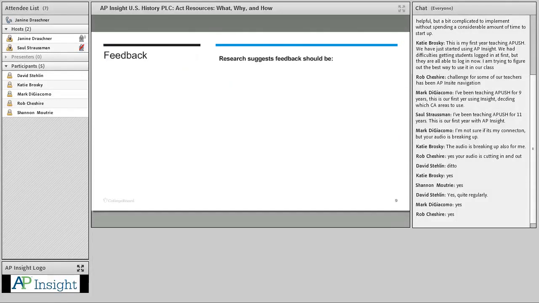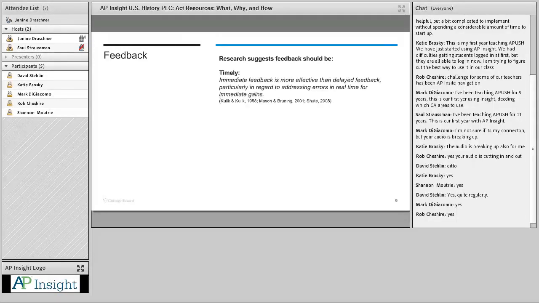Moving on, as far as the feedback, which is again the key to this, the first step in the ACT process is receiving feedback. And the feedback the students receive comes from the formative assessments that accompany the building blocks within the challenge areas, as well as the overall challenge area assessments.